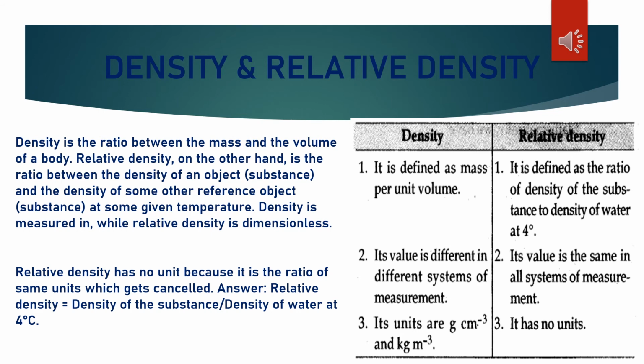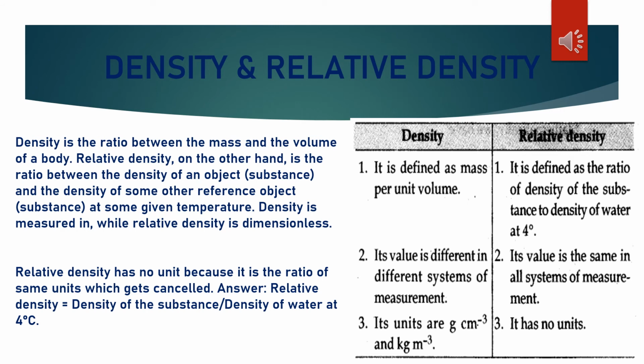But the value of relative density is the same in all systems of measurement. Third point, units of density are gram per centimeter cube and kg per meter cube. But relative density doesn't have any unit.